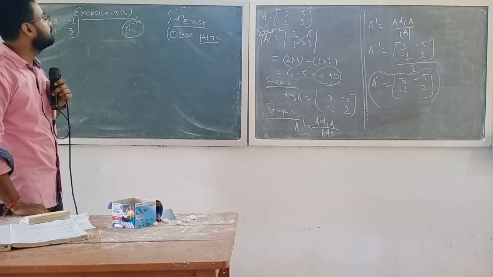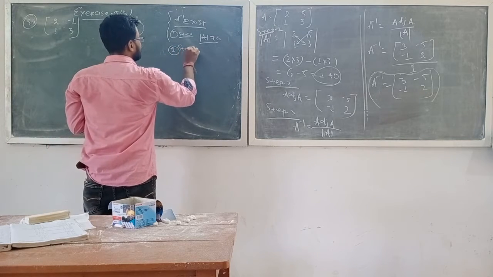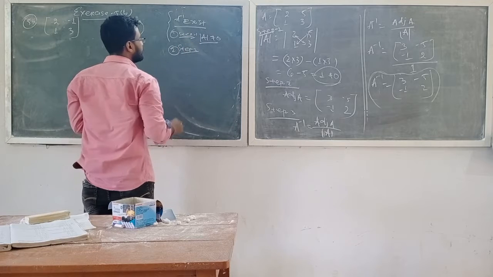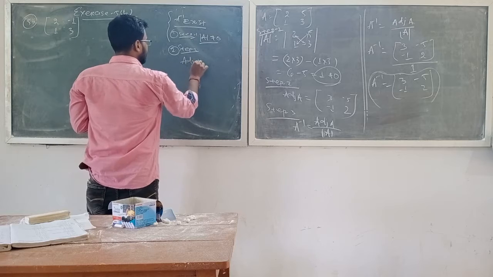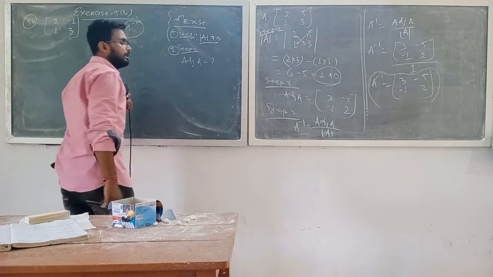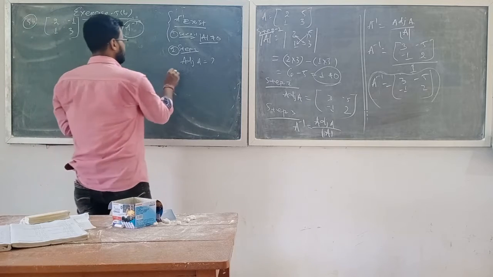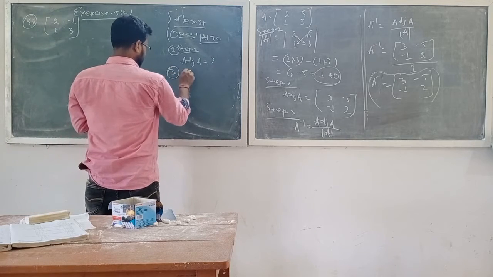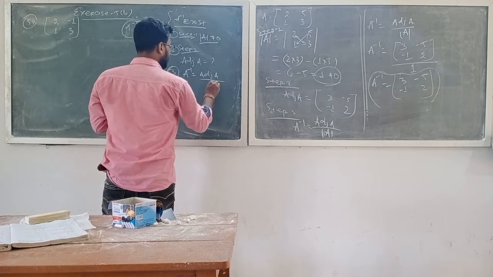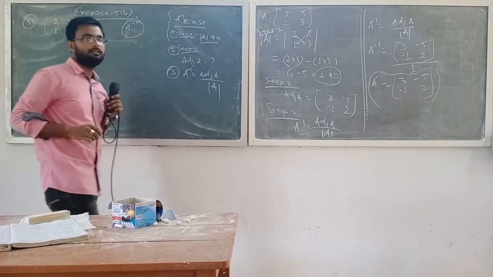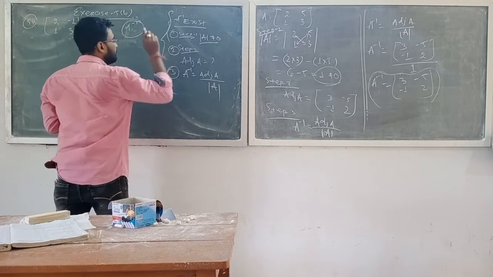Then second step, we have to find out the adjoint of A. Then step 3, A inverse will be adjoint A by determinant of A. This is the process to find inverse of a matrix.